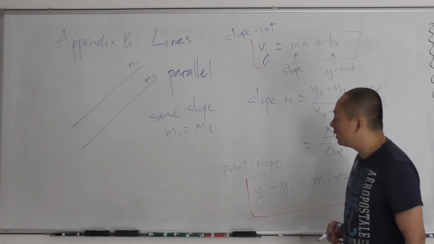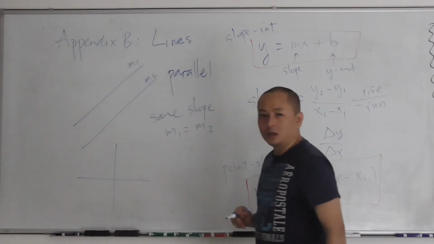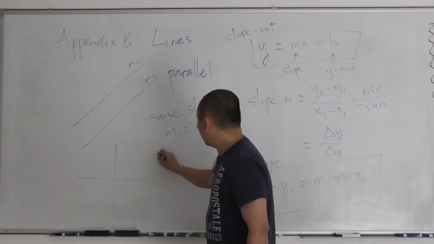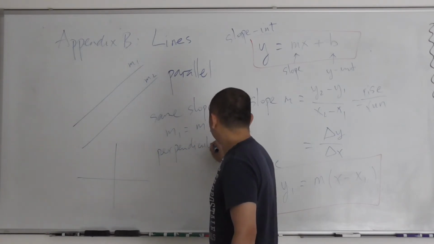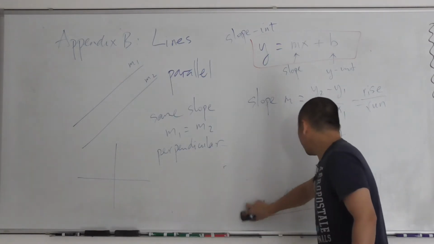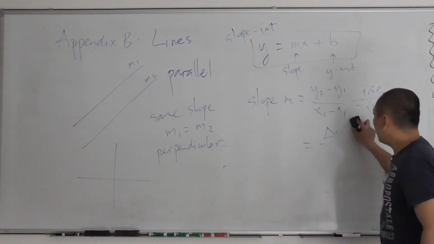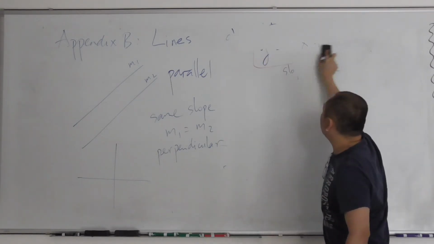The other case you need to pay attention to is two lines that are perpendicular. That means the two lines intersect each other, and more than that, they make a 90-degree angle to each other.